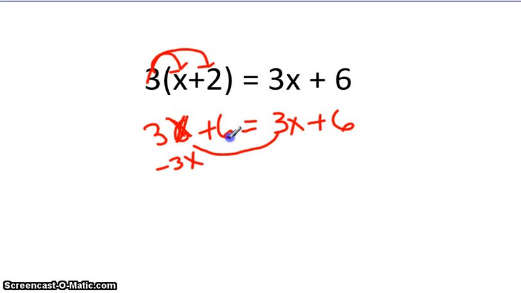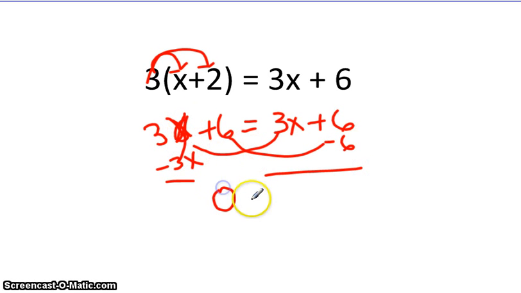I move my 6 to the right, which is minus 6. Those cancel. I'm left with 0 on the left side. These cancel. I'm left with 0 on the right side. And there's an example of my identity, which means it doesn't matter what number I put in for x, I'm going to get a true statement.